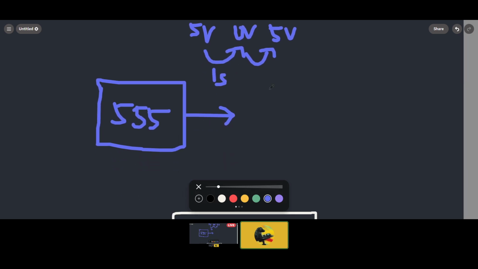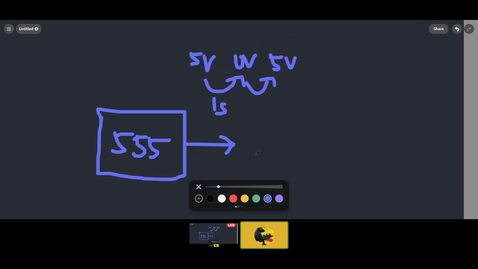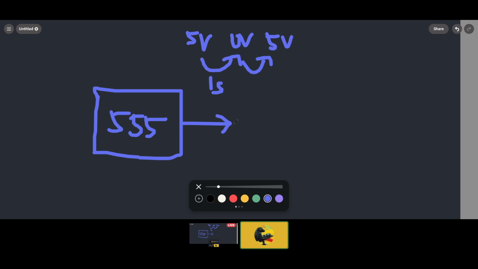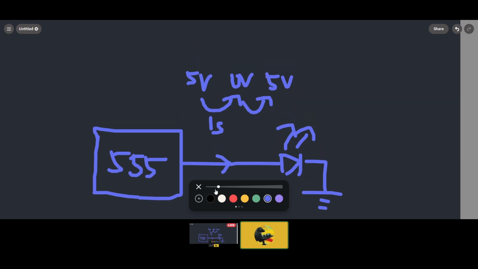This is a multimeter, by the way. So then you go, okay, this is doing what it's doing. Let me connect this to an LED. And then you ground it. And then disaster strikes. Immediately, when you put the LED, the period at which it changes from 5 volts to 0 volts to 5 volts decreases all the way to 0.1 seconds.